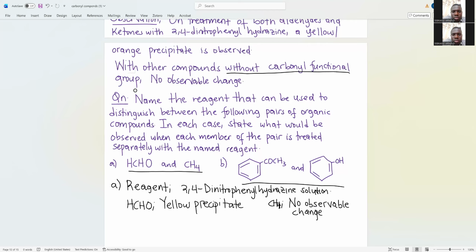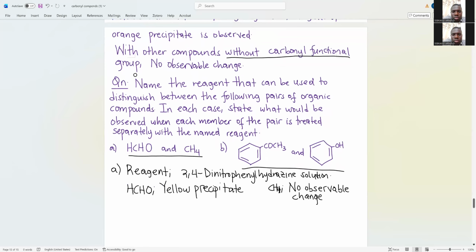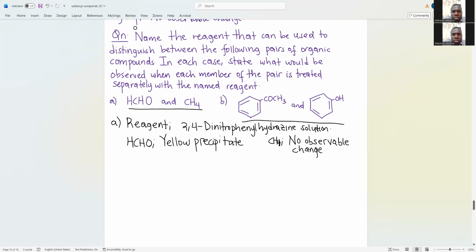Then for pair B, still, the reagent employed is the same.